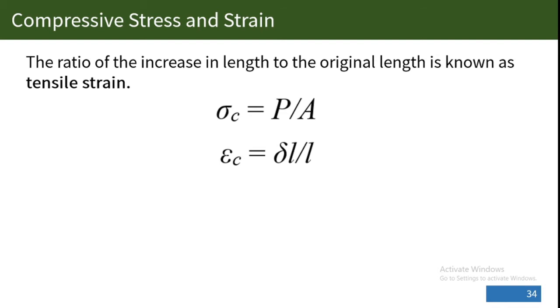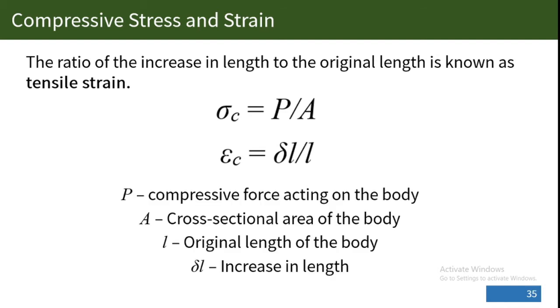Okay, and the compressive stress, sigma sub c, is equal to the compressive load applied over the cross-sectional area of the body. Okay, the same with the tensile stress, we have P, A, L, and delta L. P denotes the compressive force acting on the body, it can be in units of Newton or other units of force.